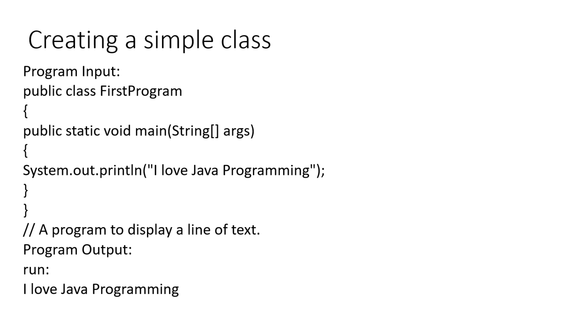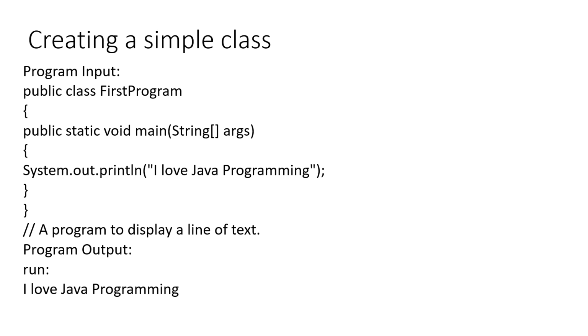System.out means the standard output object. That is what is going to bring out the text that we want to display. Take note that the message in the parentheses, I love Java programming, must be in double quotes because it is a string literal.